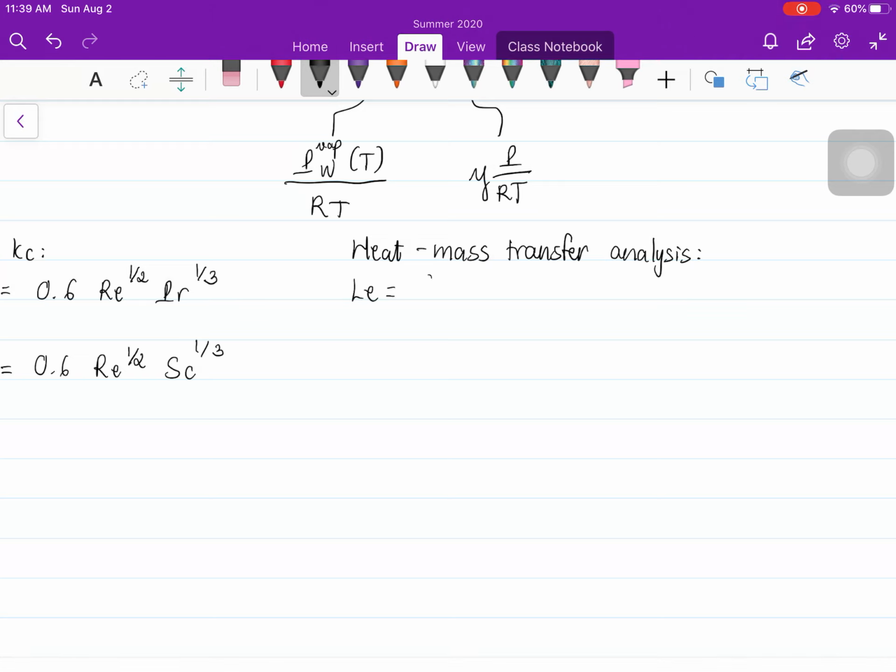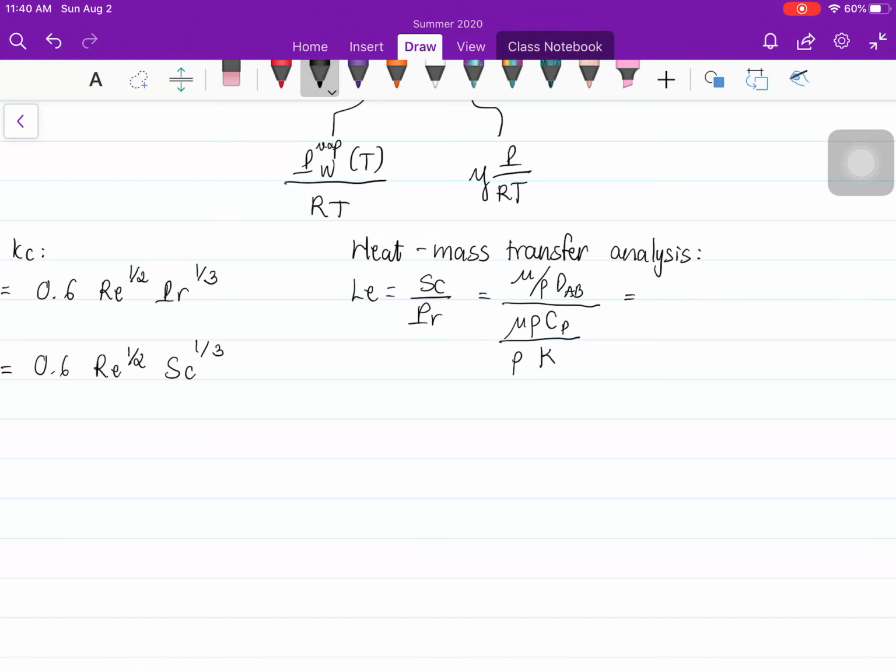Where Lewis number is equal to Schmidt number divided by Prandtl number, which would be equal to kinematic viscosity divided by density times diffusion coefficient DAB divided by kinematic viscosity times density times heat capacity divided by thermal conductivity.